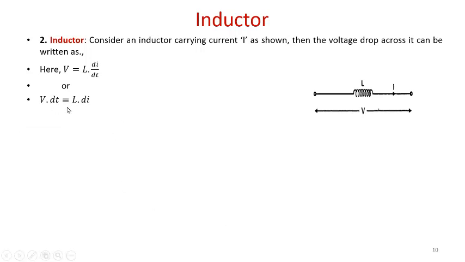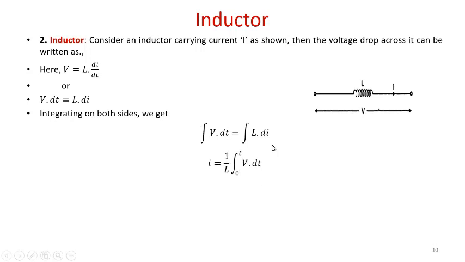So we can write this as V into dt is equal to L into di. Integrating on both sides, we get integral of V dt equal to integral of L di. That will be I equal to 1 divided by L, integrating between 0 to t, V into dt.